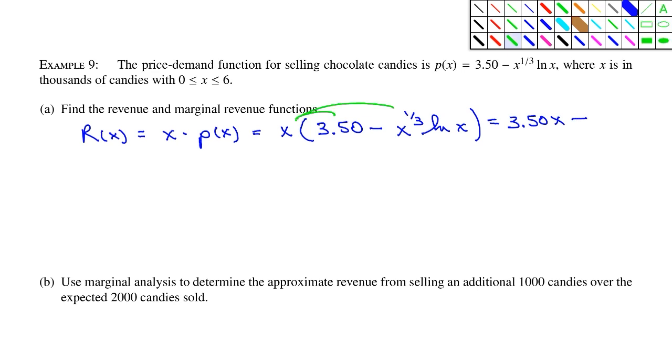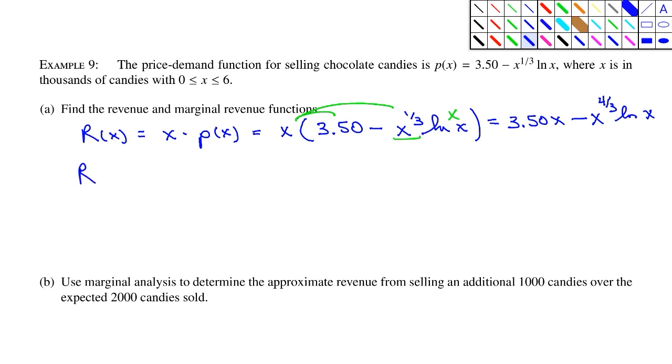It can't get inside of the x with the natural log, but it can simplify with the x to the 1/3. And so that's going to be x to the 4/3 power times the natural log of x, because you add the exponents. The exponent on the outside x is 1. 1 plus 1/3 is 4/3.